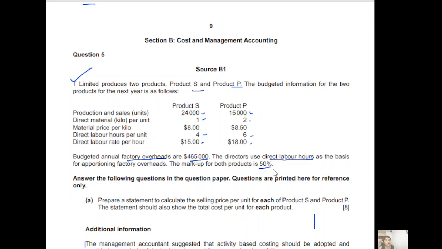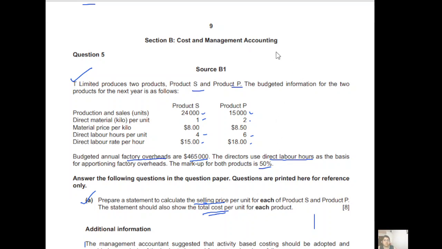So in part A they want you to prepare a statement showing the calculation for product S and product P related to their selling price and their total cost. What is their selling price and what is their total cost for each product? They want this information in a statement form.